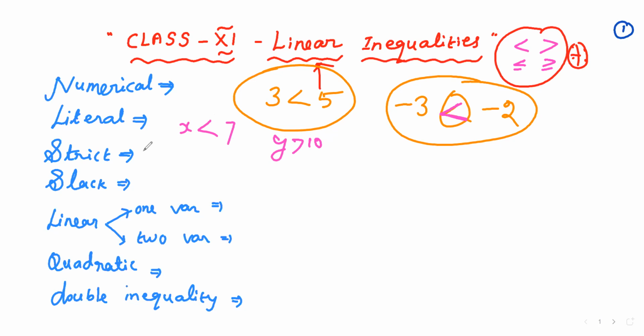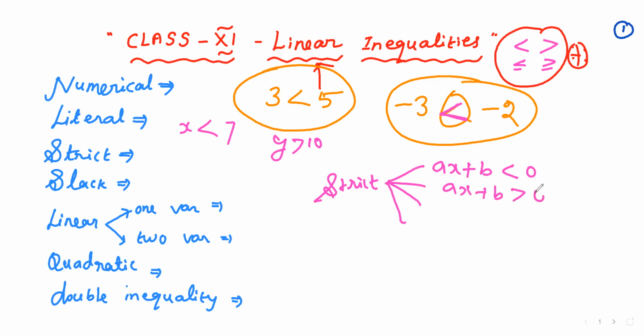Strict inequalities: ax plus b less than 0, ax plus b greater than 0, ax plus by less than some constant c, and ax plus by greater than some constant c. These four are strict inequalities.